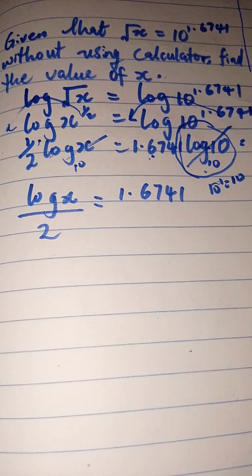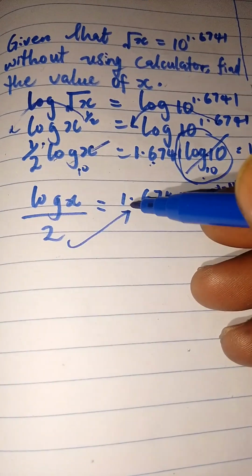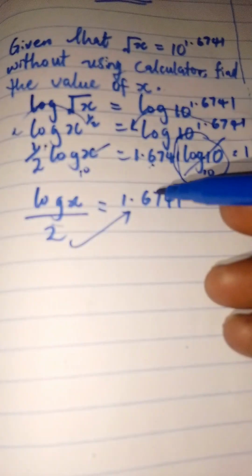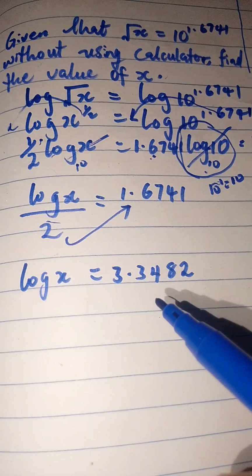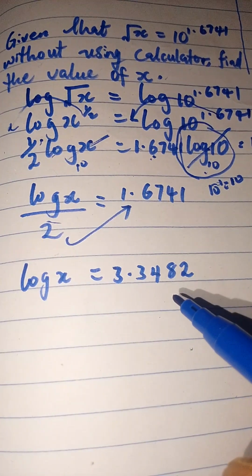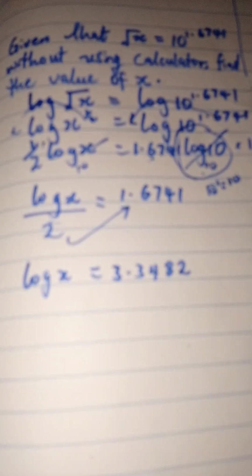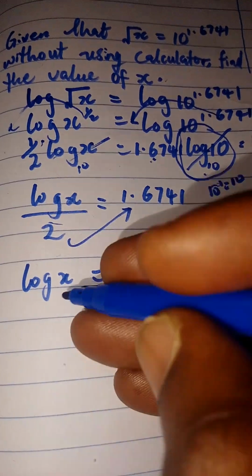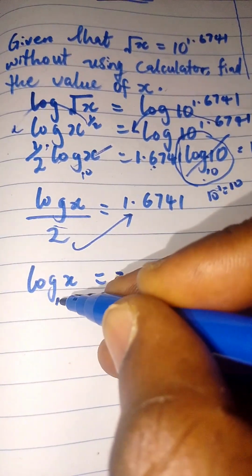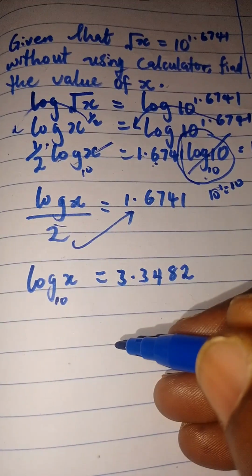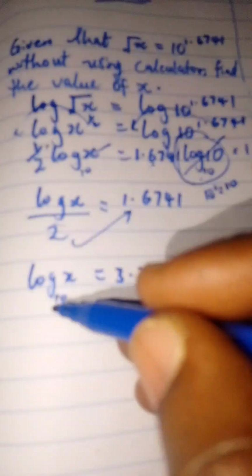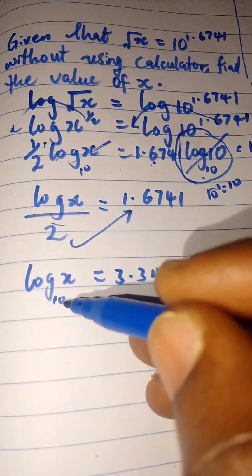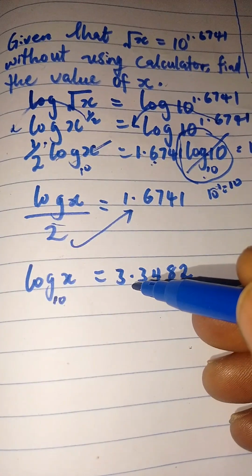Now this comes here, so log x is equal to 2 times this. After multiplying you get 3.3482. Another way of writing this is that the logarithm of x to the base 10 is 3.3482.